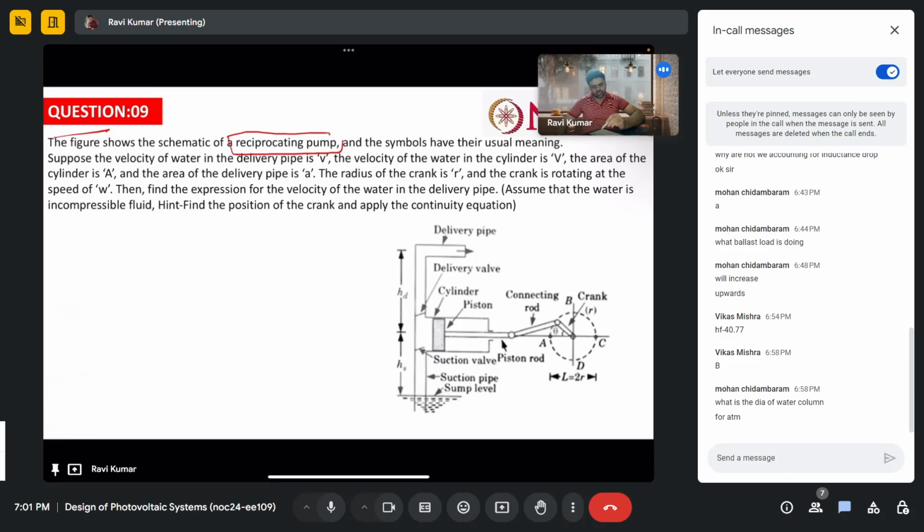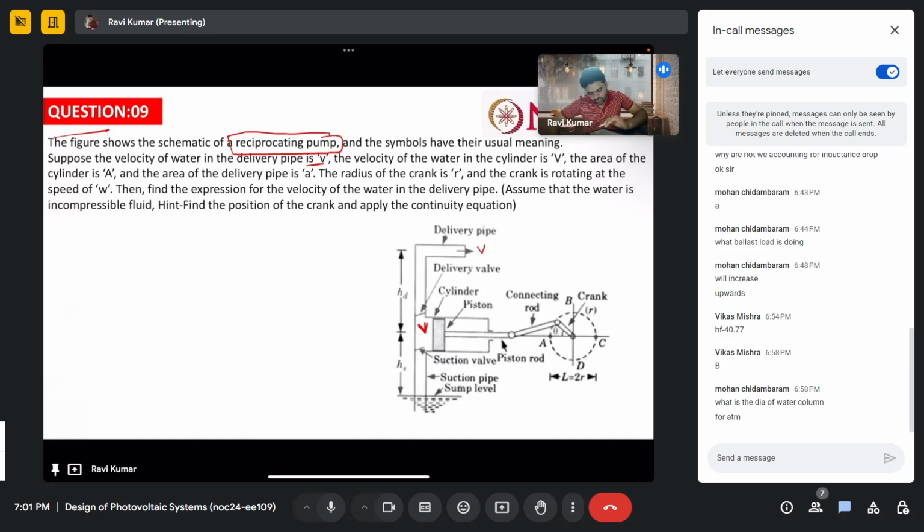It is saying the velocity of water in the delivery pipe is v. Where is the delivery pipe? This is the delivery pipe. This is the v. Water in the cylinder, this is the cylinder. So here in the cylinder, the water velocity is V.